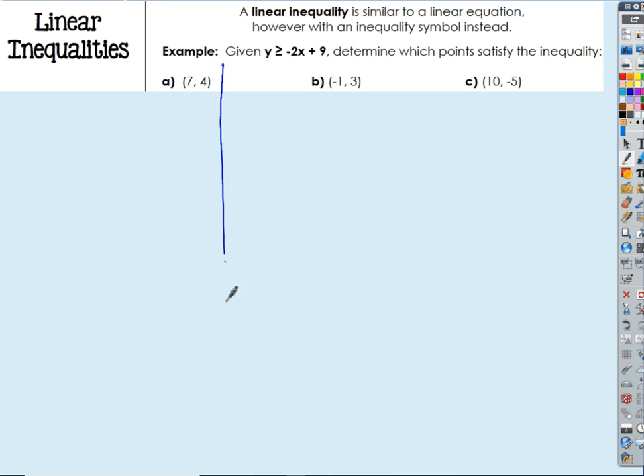Right, so what about this one here, 7, 4? If we plug those points in, what am I going to get if I plug those into my inequality? What's going to be on the left side of the inequality? 4. Okay, so I get 4 is greater than or equal to negative 2 times 7 plus 9. And we put a little question mark over the top to see if it's going to work, right?